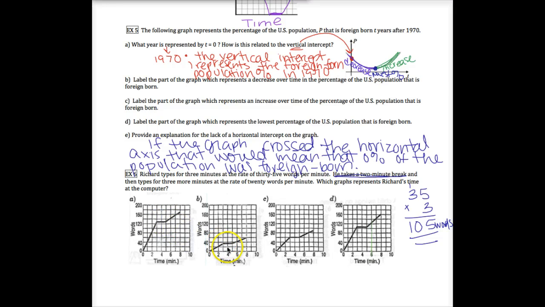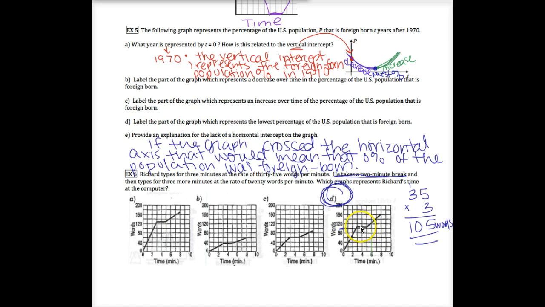This one has like 30, that's not right. This one has 60, so that can't be right. So I don't even need to look necessarily at the rest of them, because this is the only one that has 105 words. Now check the rest of the graph, because 3 minutes in, we get to what could be 105 words, because right in the middle would be 100, and it's just a little above that.